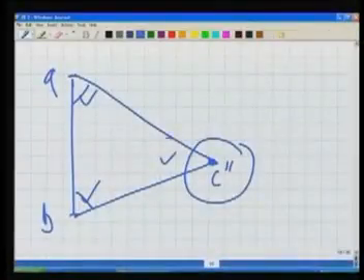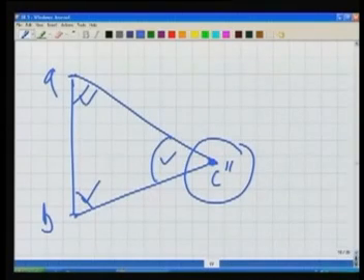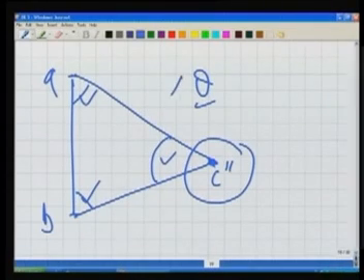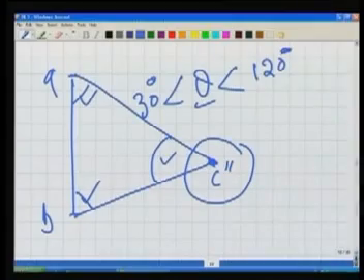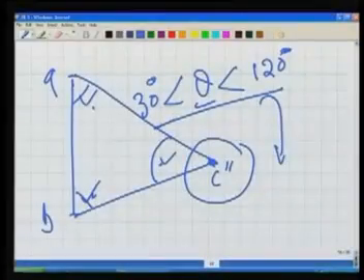Well, we want this angle to be 90, which is not always possible. So ideally we say if the angle of intersection here, or rather all the angles of triangle are within 30 degree and 120 degree. All these three angles are not beyond this value. Our triangle is well conditioned.